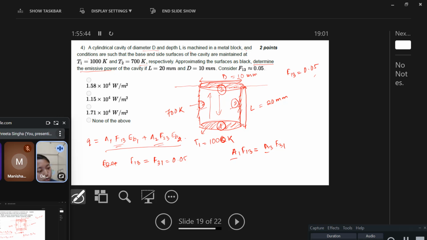A1 and A3 have the same area because they are just the top and bottom of the cylinder. So F13 is equal to F31, equal to 0.05, as given here. Once you know this, we can calculate.